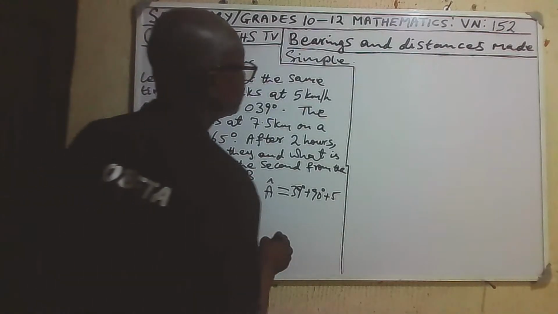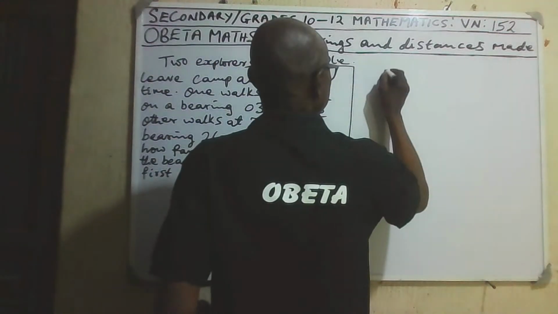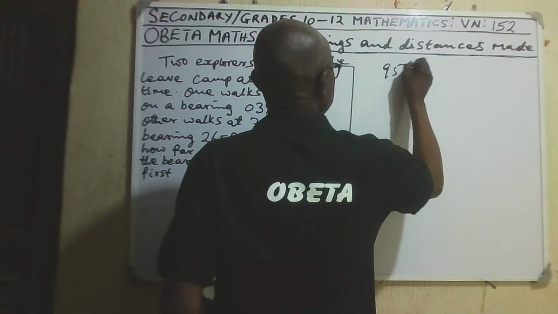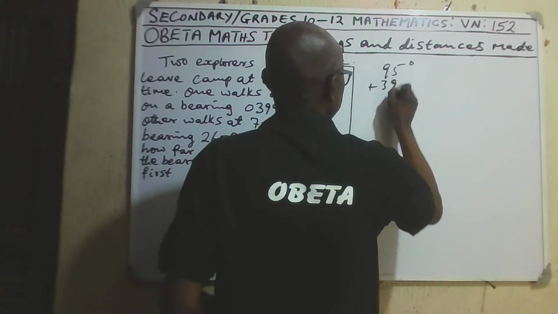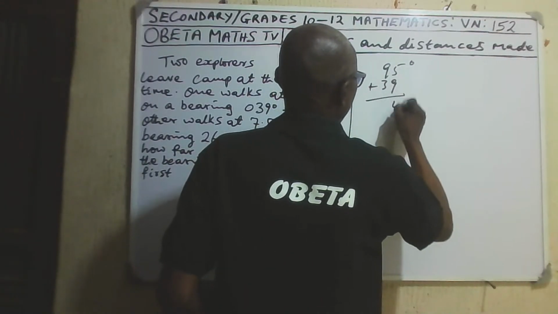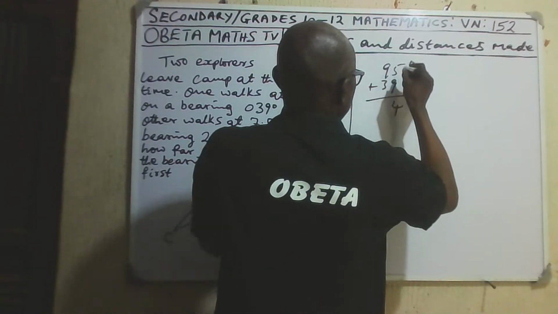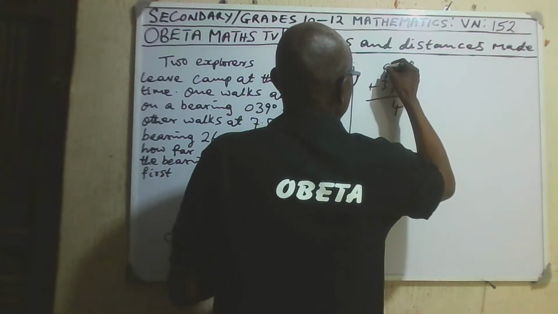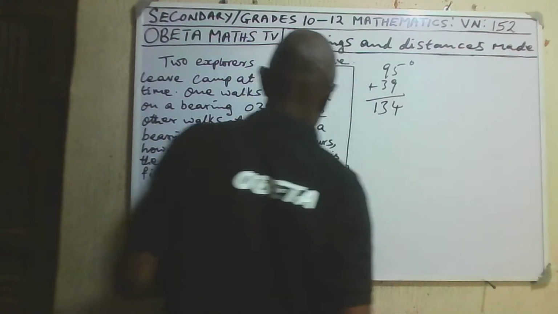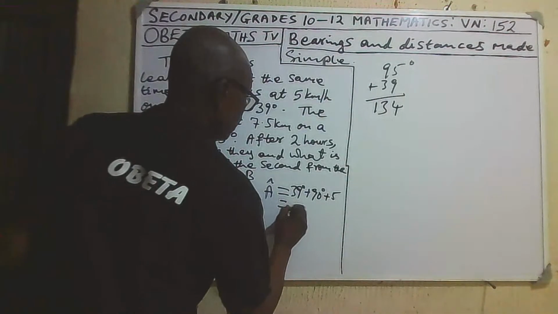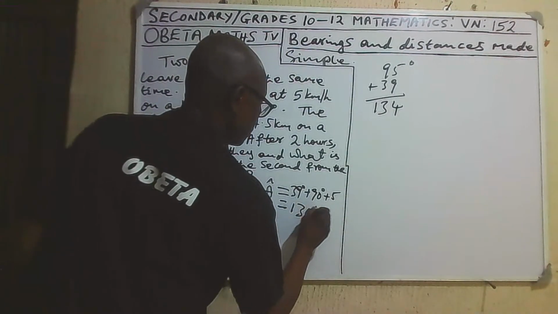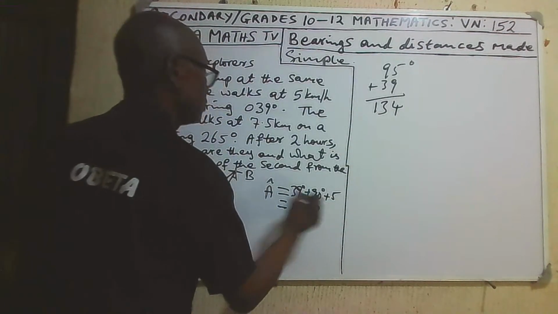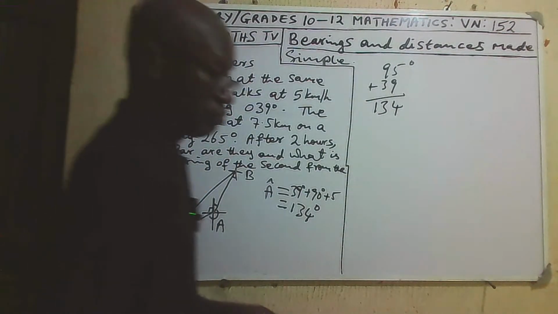If we add, we have 95 plus 39, which is 134. So that means angle A is 134 degrees.